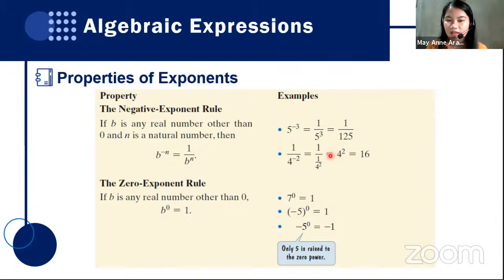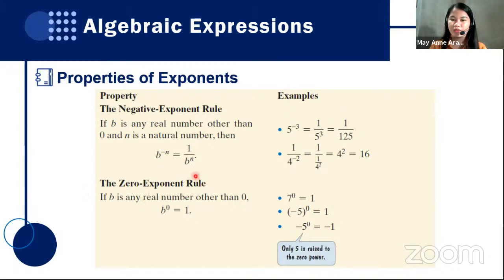Then just get the reciprocal of this, diba? The reciprocal of 1 over 4 squared is 4 squared over 1. Then multiply by 1, you have 4 squared, and 4 squared is equal to 4 times 4 equals 16. Again, reciprocal. Kukunin nyo lang 4 squared over 1.